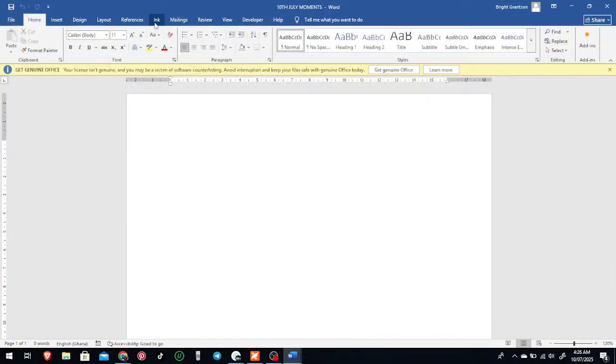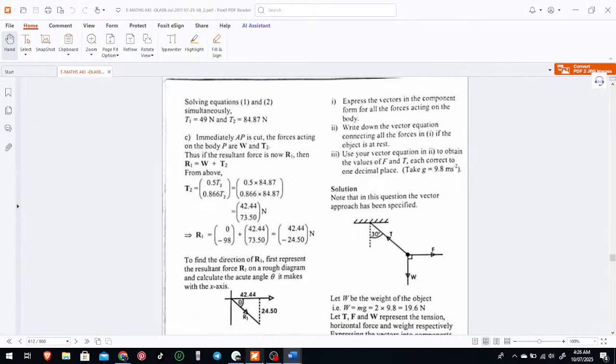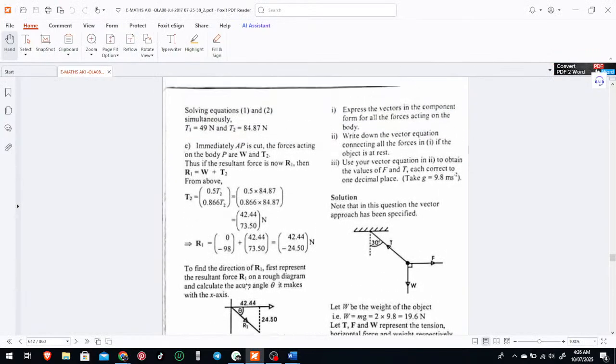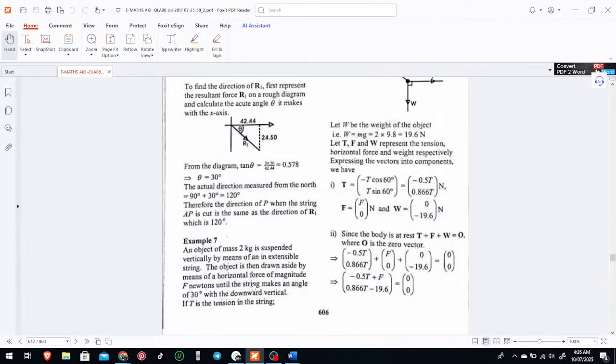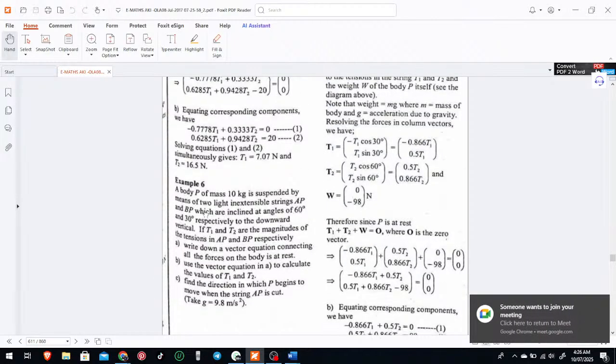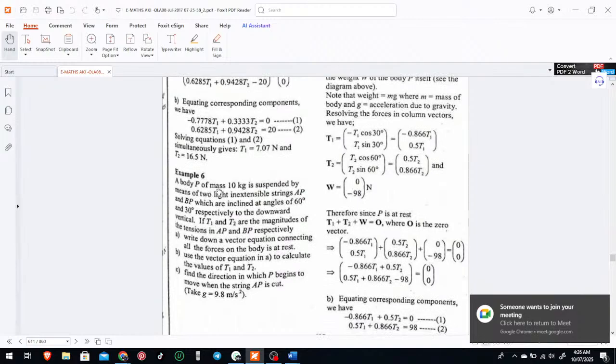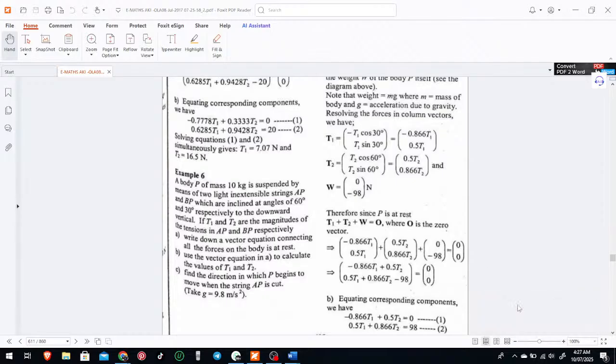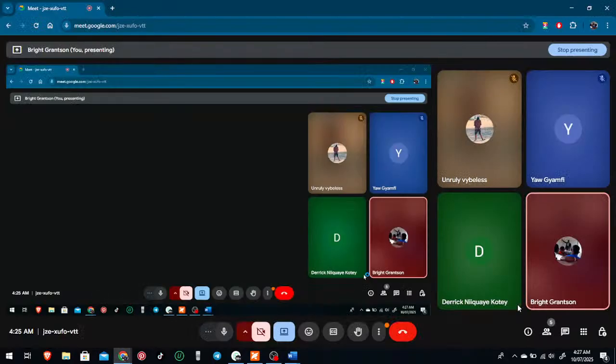Okay, guys, you said there's a question. Is it this question? 611. Is it this one? A body of mass 10 kilograms. Is it that? So let me zoom and check.